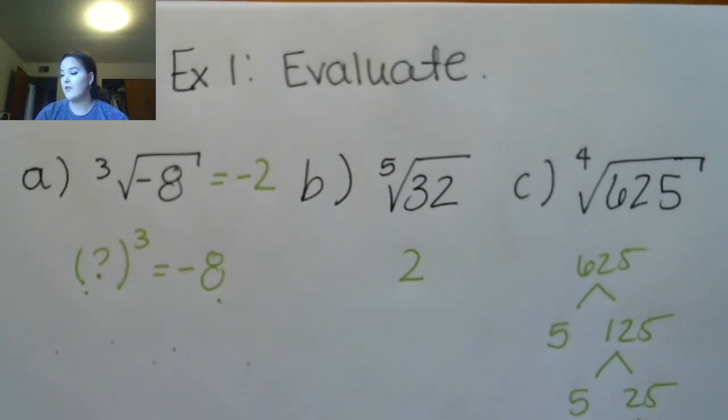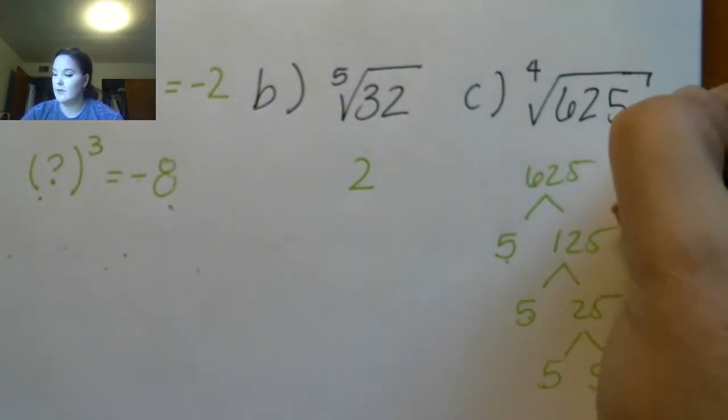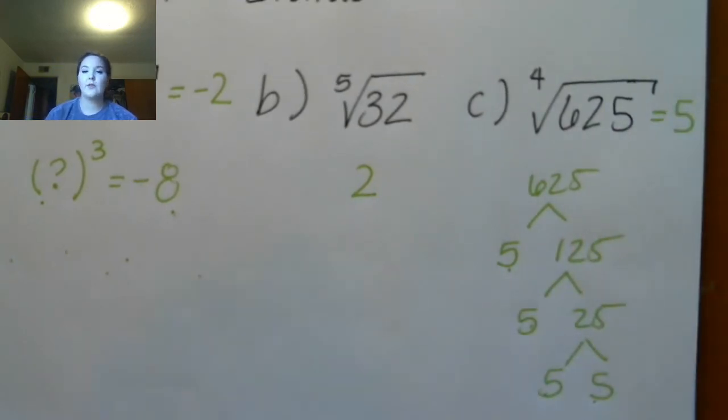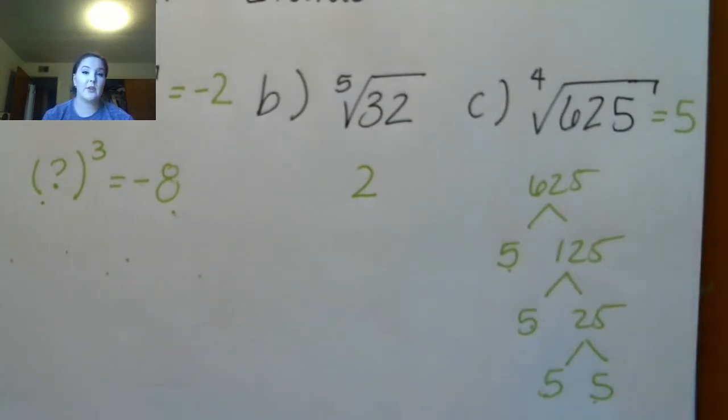So it looks like 5 times 5 times 5 times 5 is 625. That would mean that the fourth root is 5. So if you're not sure what the root is, you can always start a factor tree, and that will usually lead you to the right answer.